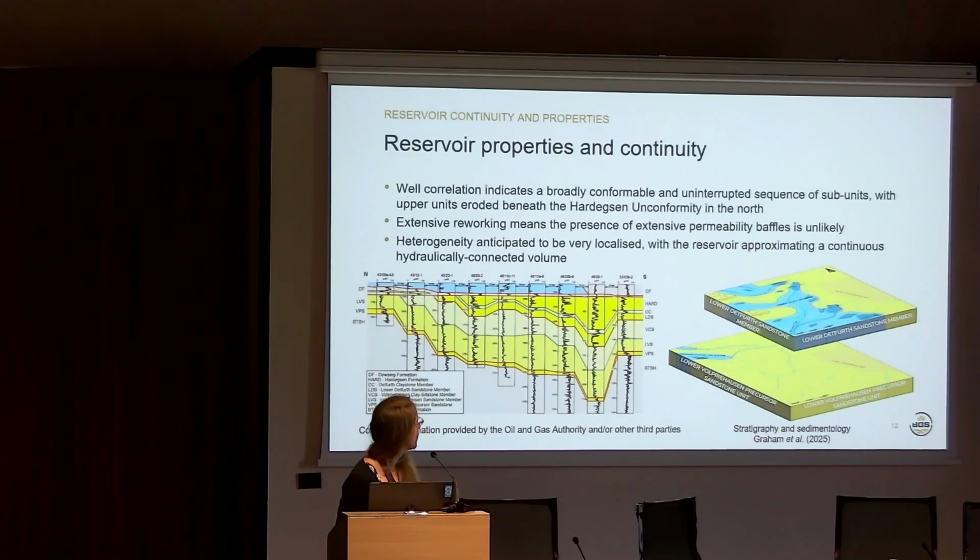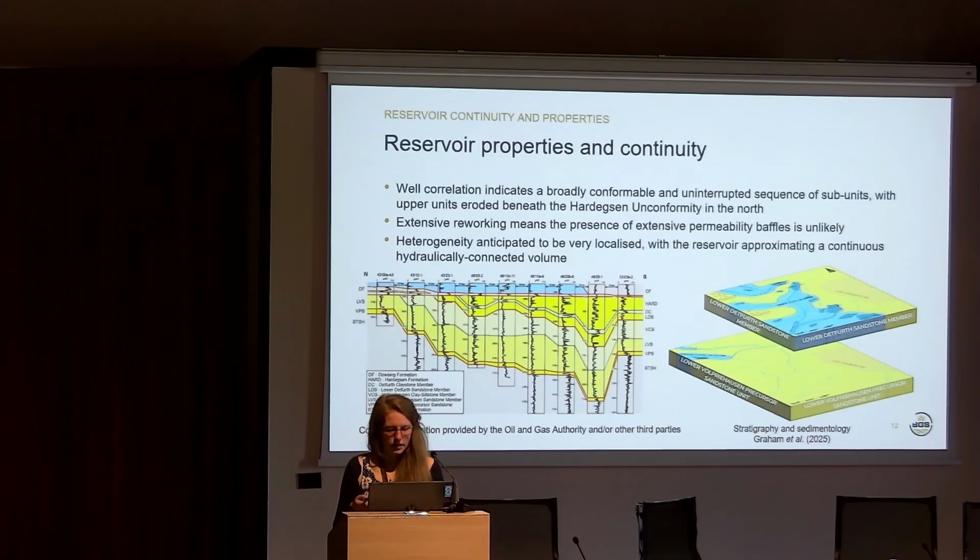We also had a look at reservoir properties. So while correlation was completed across the area, it indicates that there's a broadly conformable and uninterrupted sequence of subunits within the Bunter. A lot of this was pulled across from the Dutch sector, where there's more subdivision.